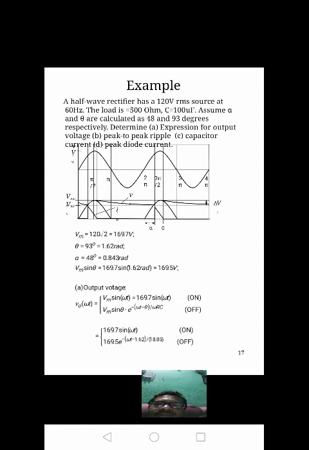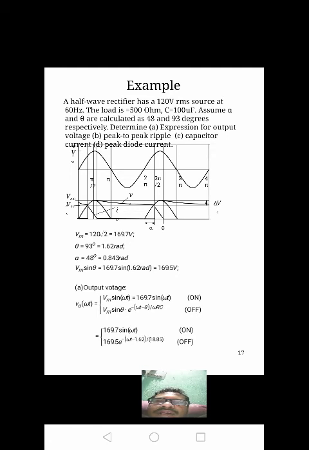For example, one problem we are discussing here. The question is: a half wave rectifier has a 120 volt RMS source at 60 Hz. The load is 500 ohm and the capacitor is 100 microfarad.